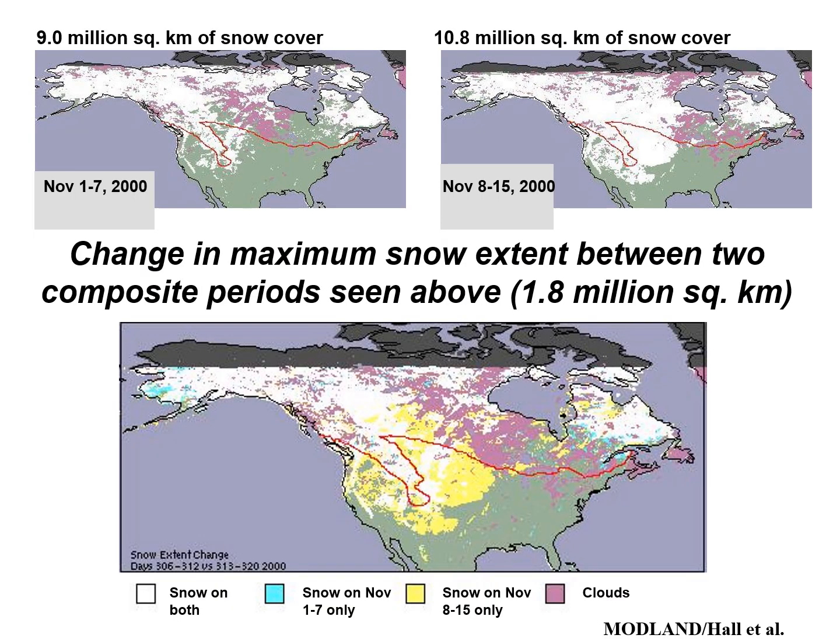And then you can look at the change in the snow extent between various composite periods. Here between November 1st and 7th of the year 2000 and November 8th and 15th in 2000. And you can see that there's greater snowfall that's occurred between the 8th and the 15th than there was between November 1 and 7.